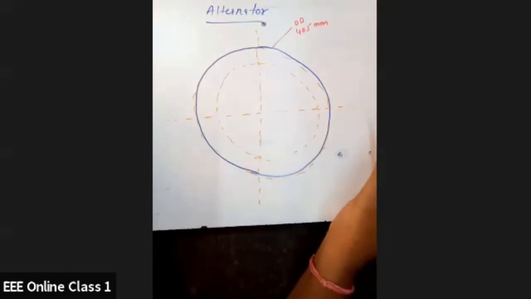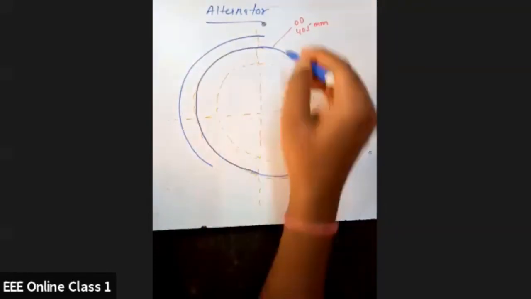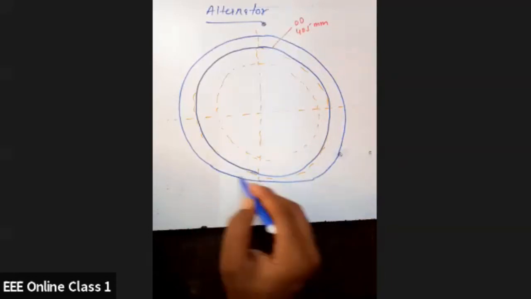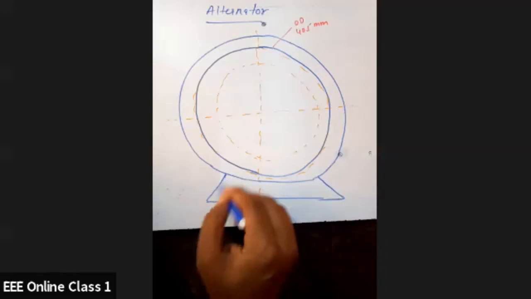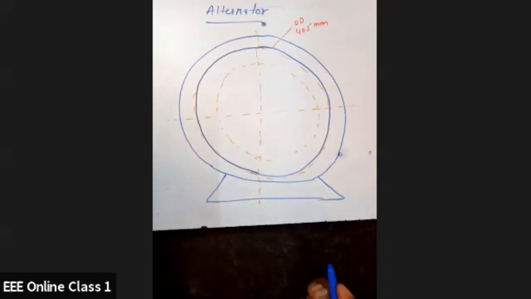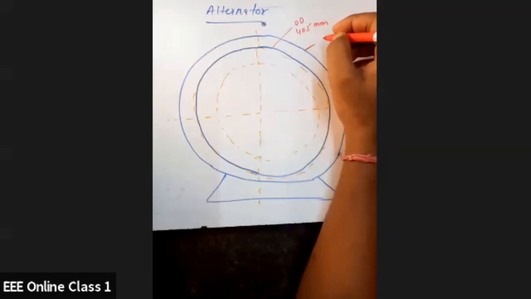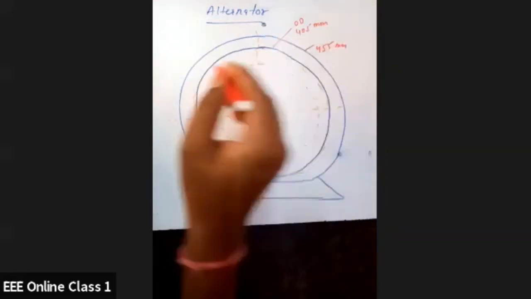We have housing OD at 455 mm. This is housing OD, and the dimension of this is 455 mm. So I'll write, this is housing.